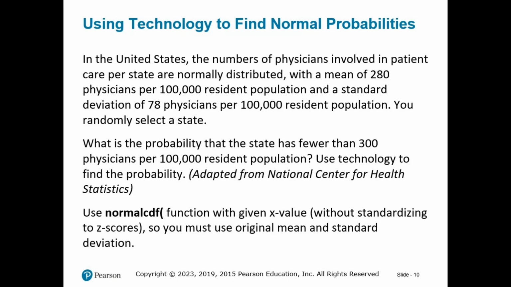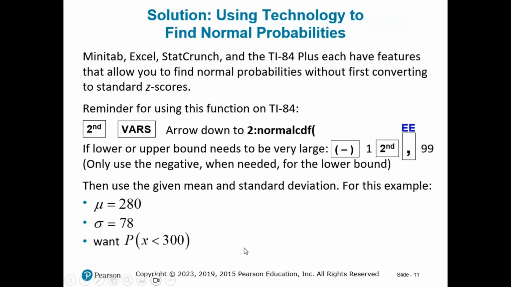So here's a reminder of how to use this function on your TI-84. You want to press the second button, then vars to access the distribution menu, then arrow down to the number 2, normal CDF, not the PDF function, CDF.